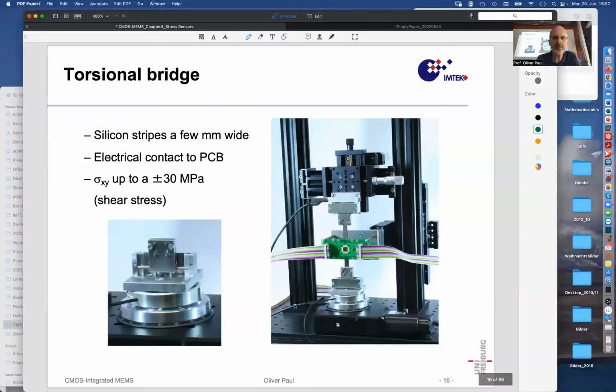In the case of the torsional bridge, you see here a stripe. Now this is nicely visible, being clamped at both ends, and then again connected to that same PCB and bonded to that PCB, and now this top part is fixed and the lower part can be rotated around the axis.